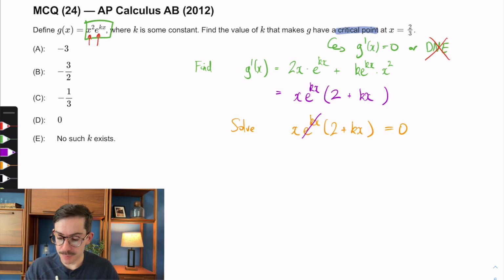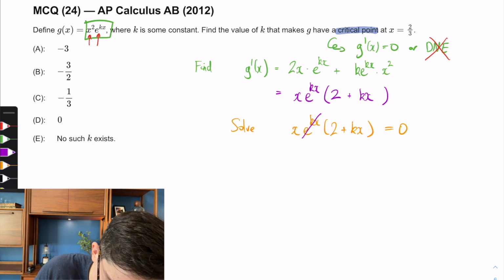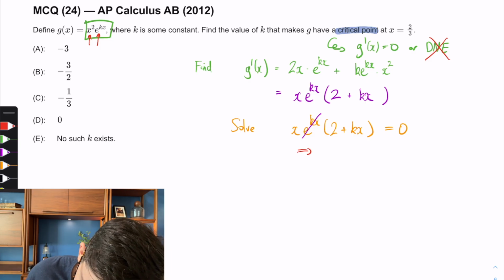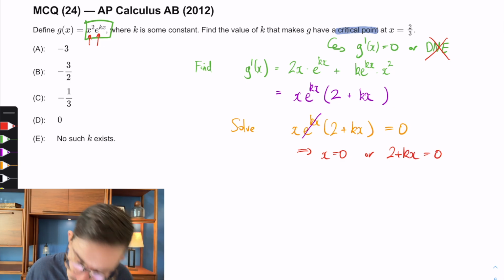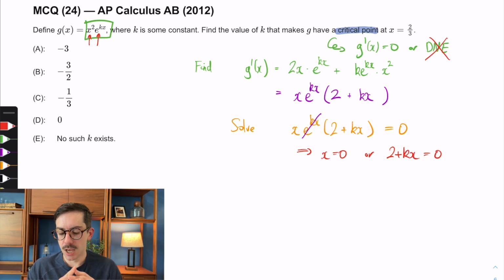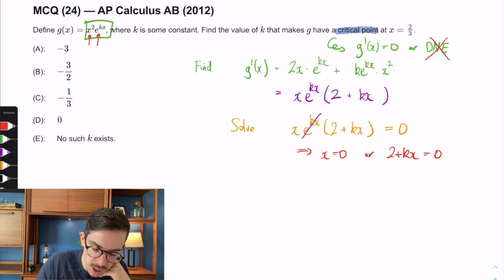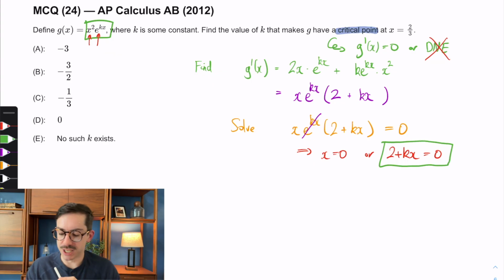So now I have a simple expression being equal to 0. So that tells me that either x is 0 or 2 plus kx equals 0. So no matter what k is, x equals 0 is always going to be a critical point. It's always going to give rise to a critical point. The only freedom that I have in choosing k is what this second critical point occurs at.